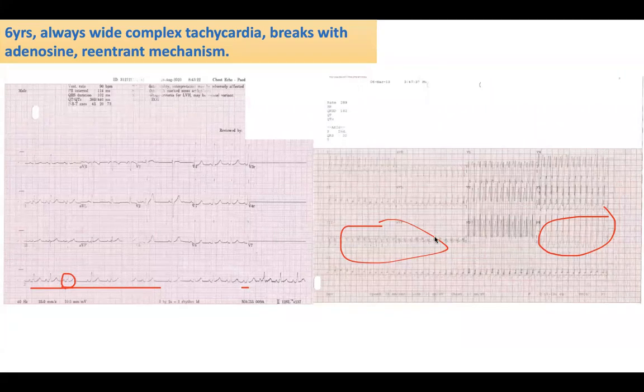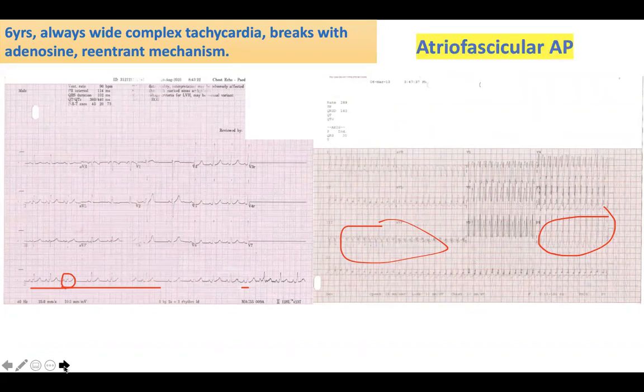What comes to mind? This is a difficult one. He had an underlying right bundle branch block from the start? Well, no. He has narrow QRS during sinus rhythm. We had mentioned this before briefly.